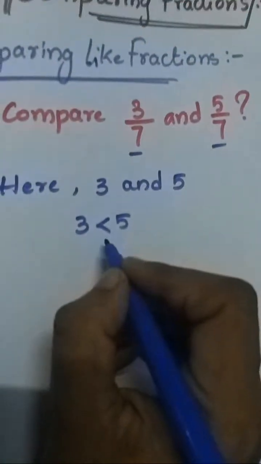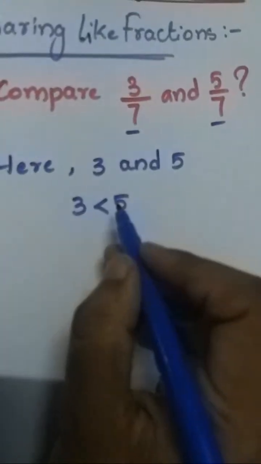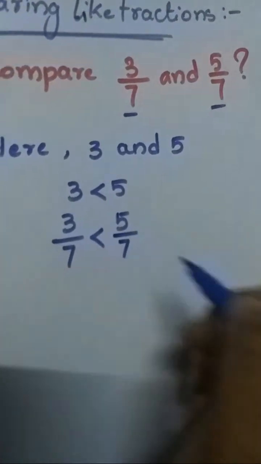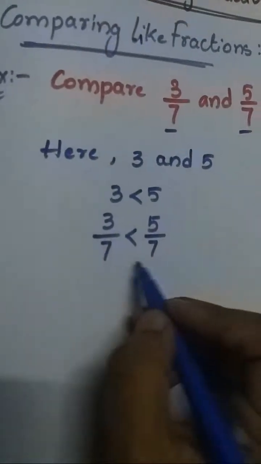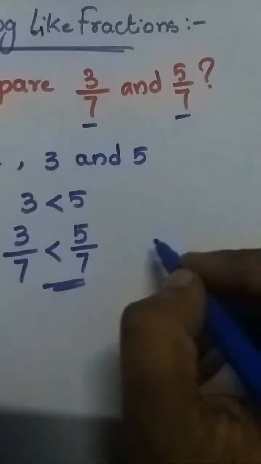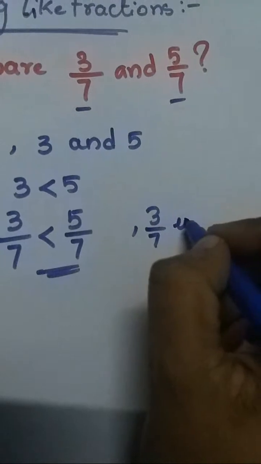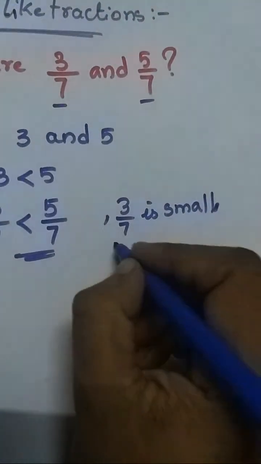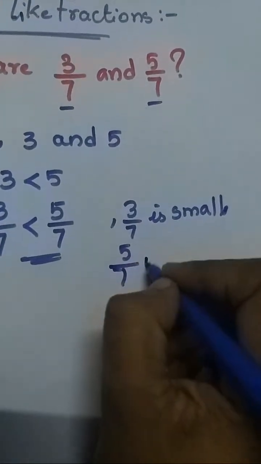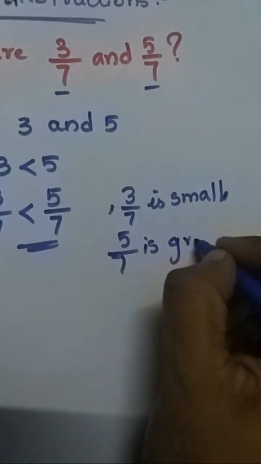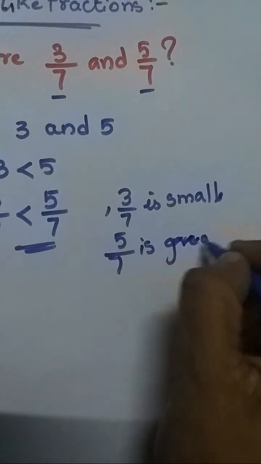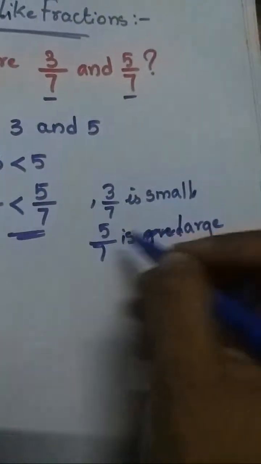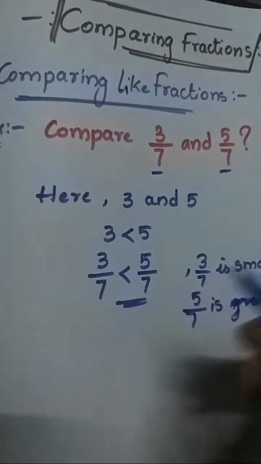This is the less than symbol. 3 is smaller than 5, which means 3 by 7 is smaller than 5 by 7. 3 by 7 is small, and 5 by 7 is greater, the larger value. Like this we have to compare like fractions.